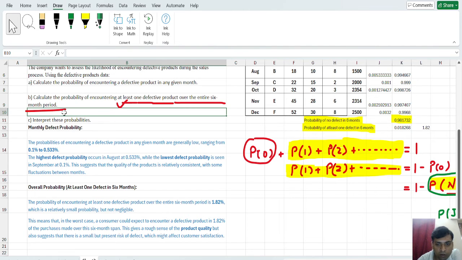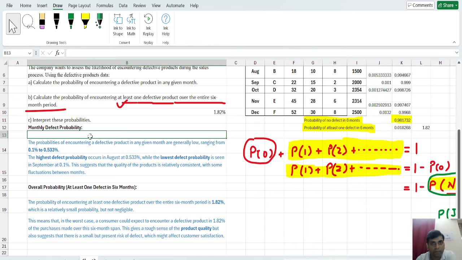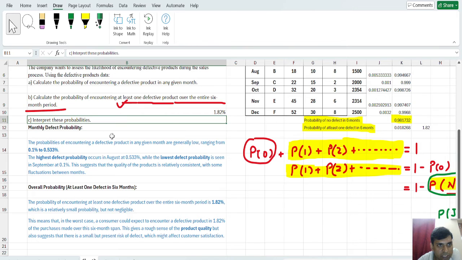So this is 1.82 in terms of percentage. And now the third part is to interpret these probabilities.